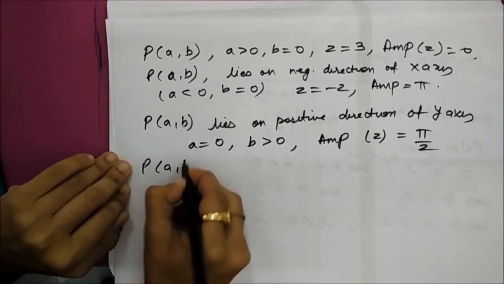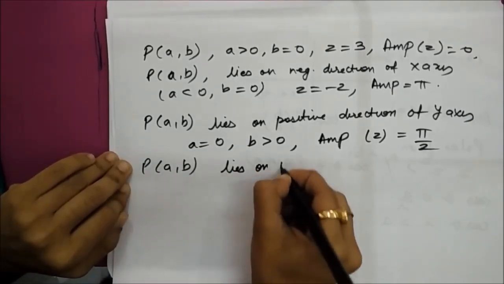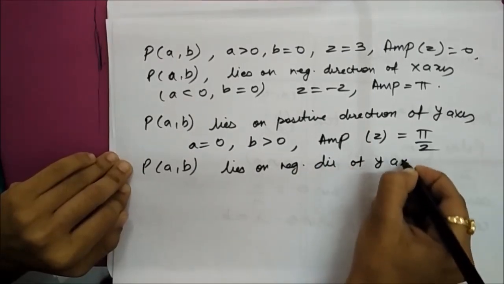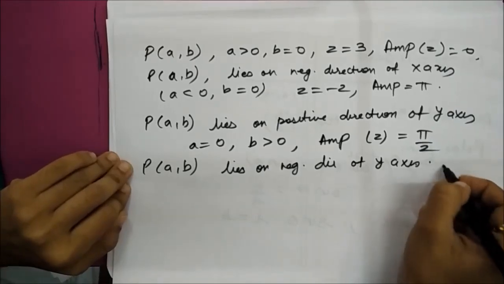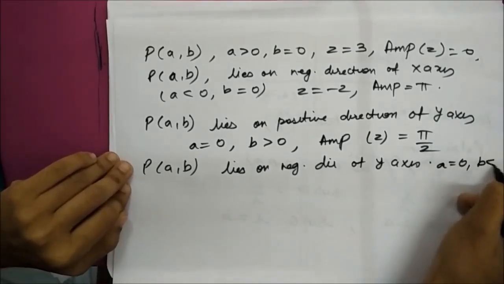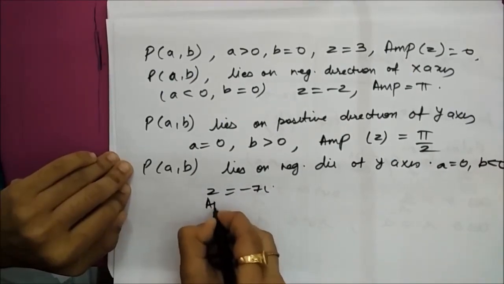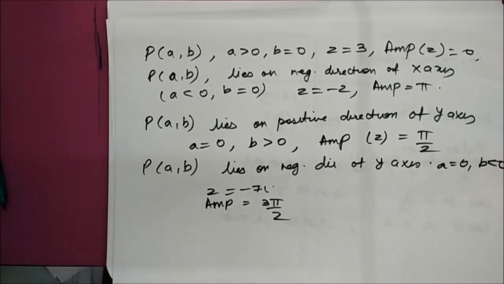And the last one lies on the negative direction of the y-axis. Here you get a is equal to 0, b less than 0, so z is equal to minus 7, and the argument is 3 by 2.